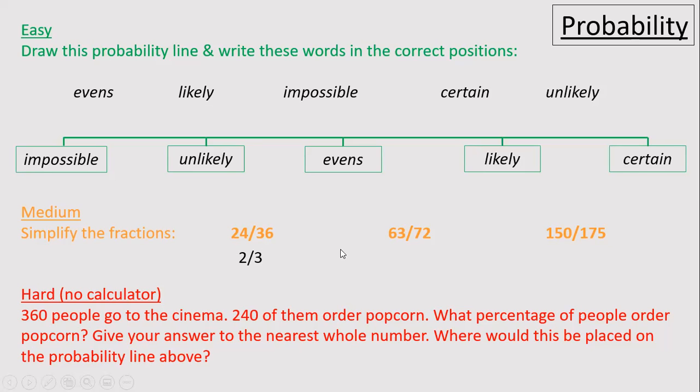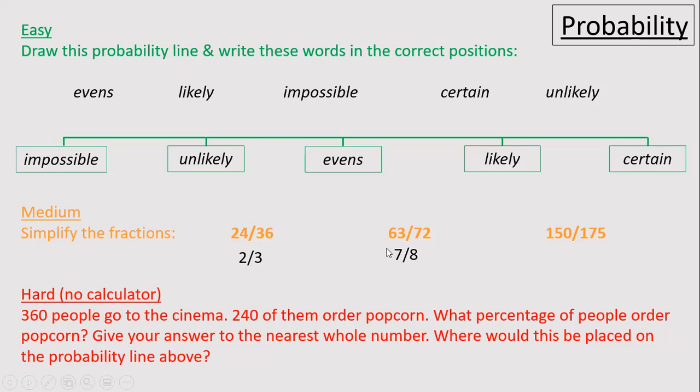We've then got 63/72. And there we have 7/8. For this one, can you think what times table that might be working with? It would be the 9 times table.